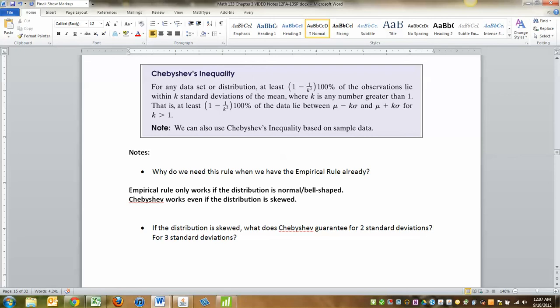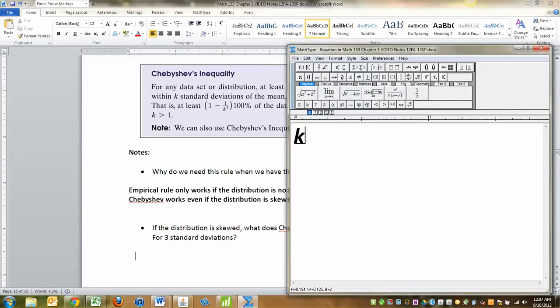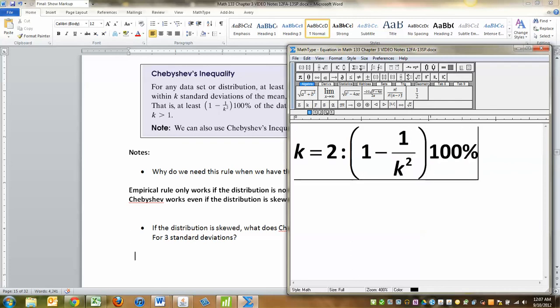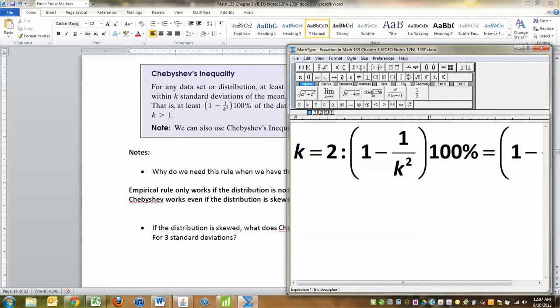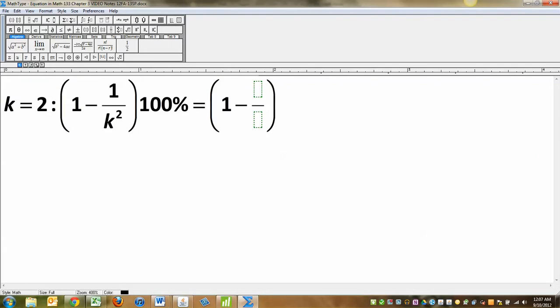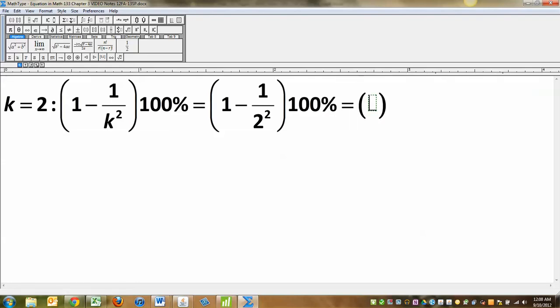So what am I talking about? Let's try it. So let's try k equals 2. According to the formula, it's 1 minus 1 over k squared times 100%. That would be 1 minus 1 over 2 squared times 100%, which is 1 minus a fourth last time I looked.